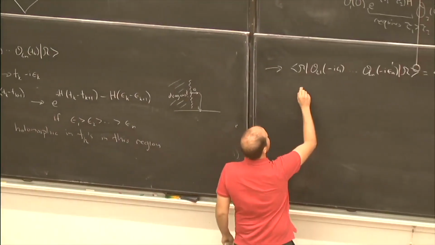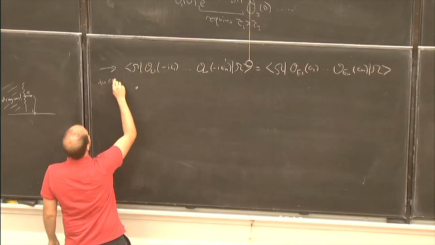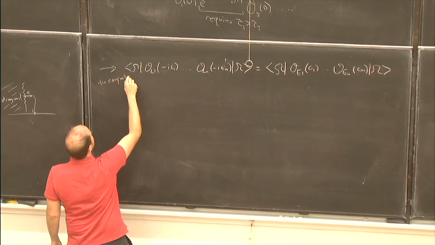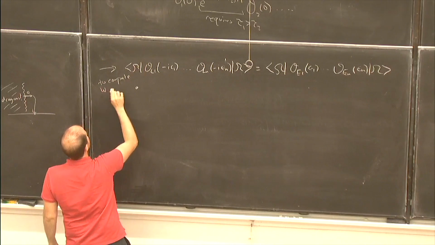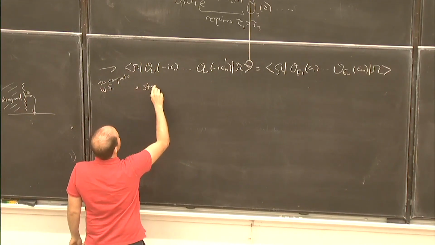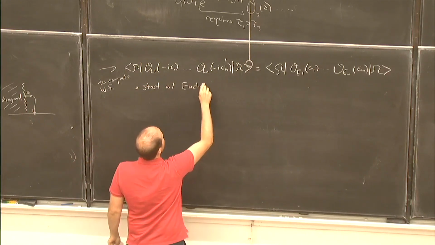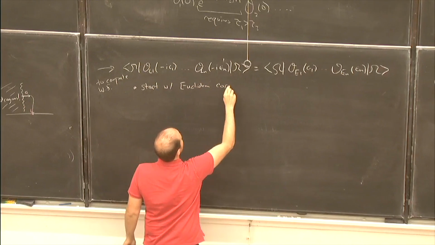Okay, so I'll summarize that. To compute a Wightman function, or Wightman distribution, first start with the Euclidean correlator.